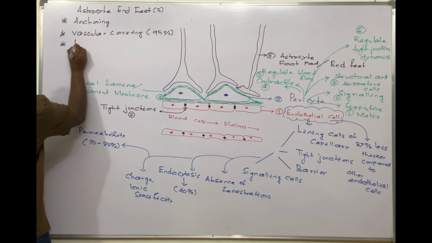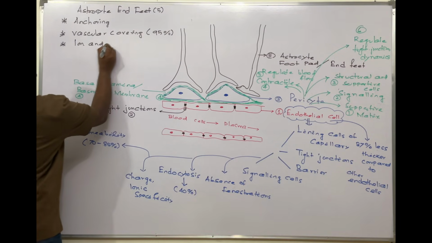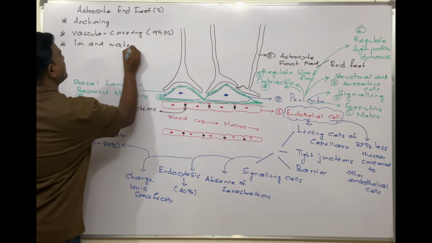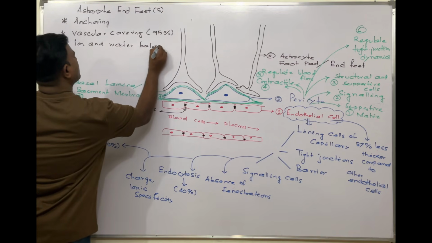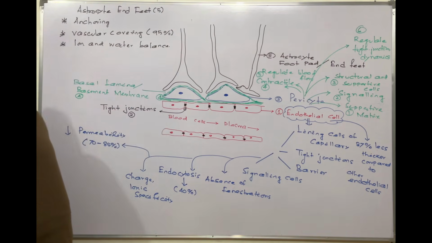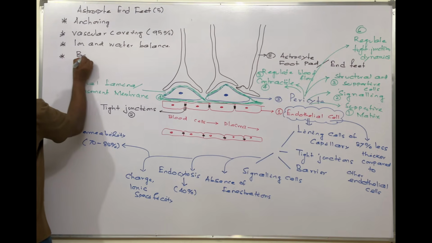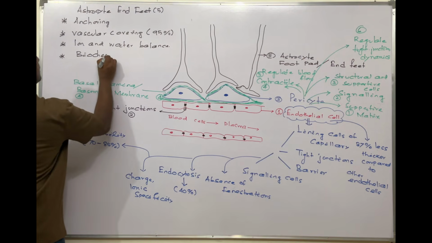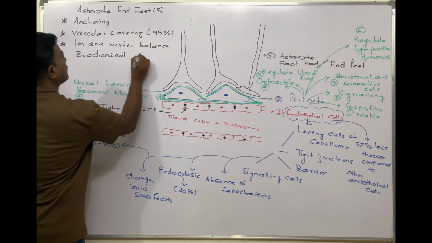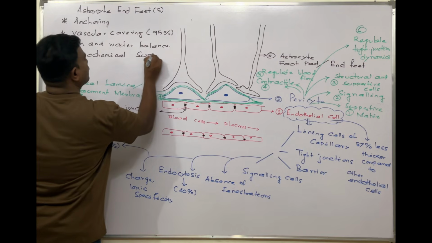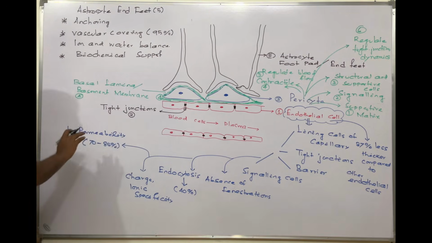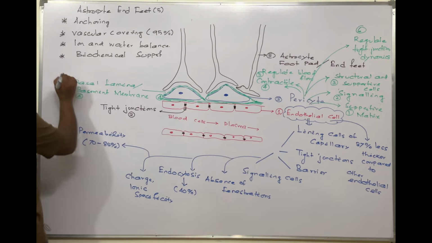Next, ion and water balance. This is very, very important. We'll see how they regulate this process. And biochemical support. That means whatever the biochemical measures are going on, that is by the astrocytic help.